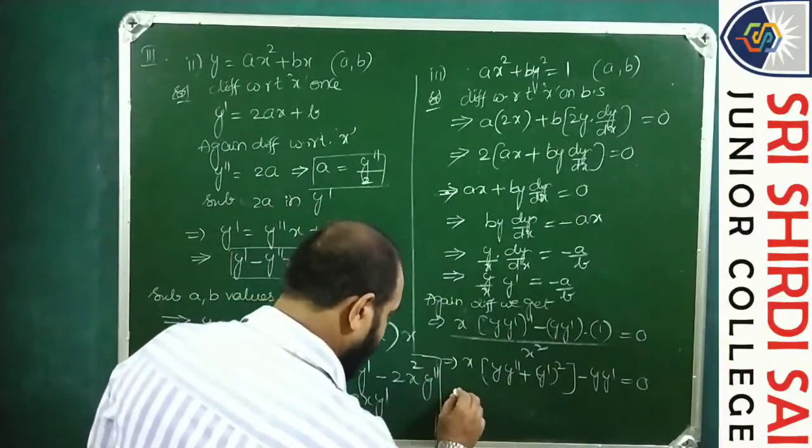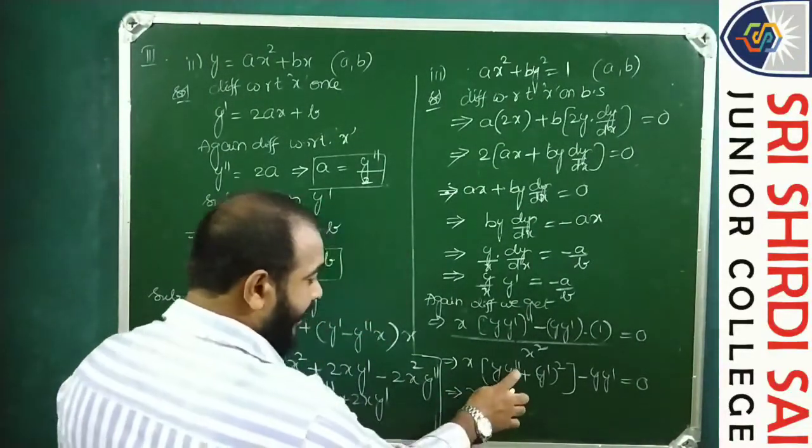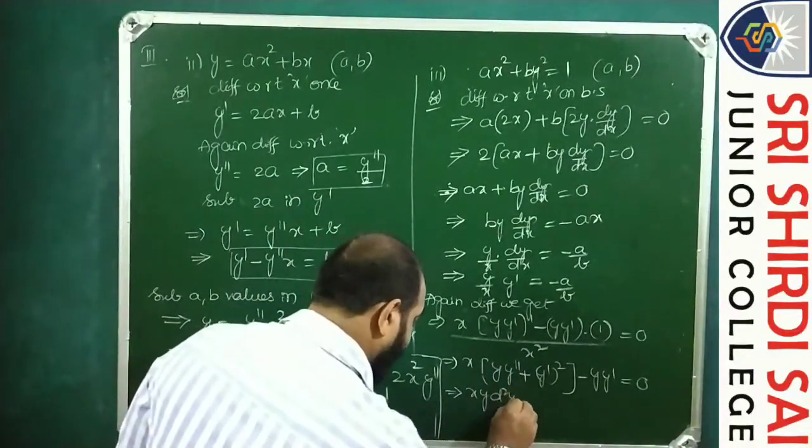Therefore this is x y dash is d square y by dx square.